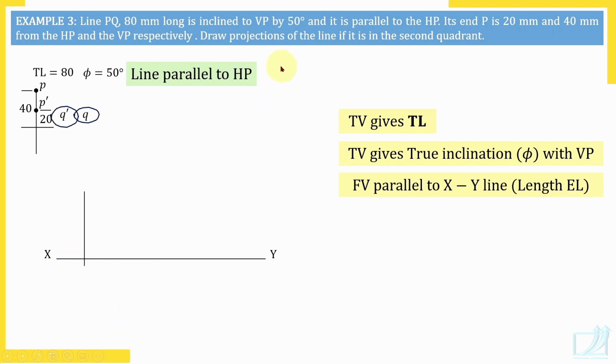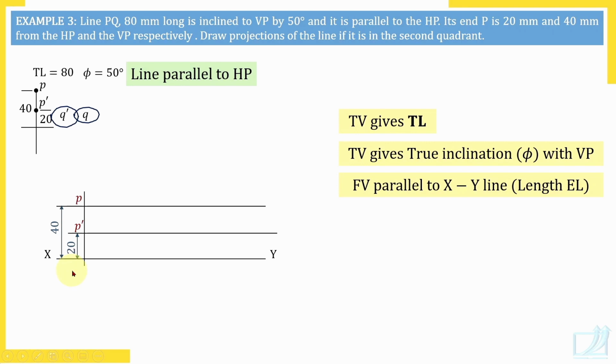Now listen, the line is in the second quadrant, so both views of the line are above the XY line. No view is below the XY line, so not much space is required below it. So the projector of point P is drawn above the XY line, and it is not necessary to extend it below. Okay, so measure P and P dash, 20 and 40 mm.